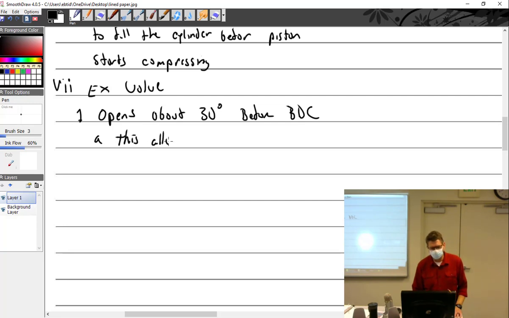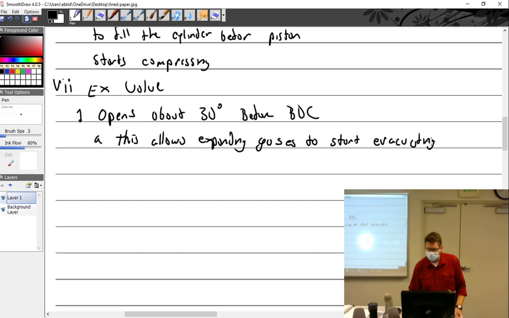This allows expanding gases to start evacuating the cylinder at the end of the power stroke.